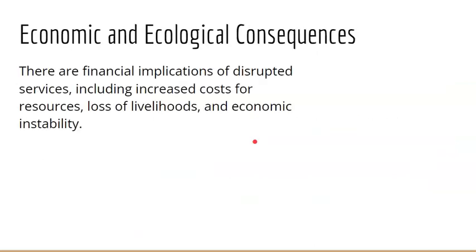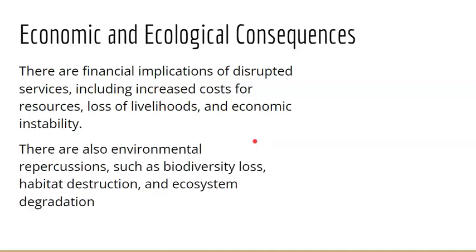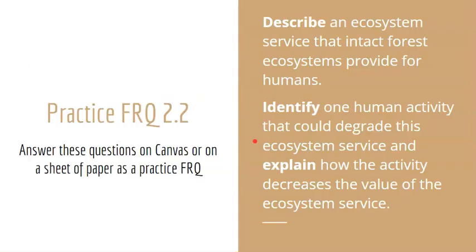And then the economic and ecological consequences we get from those. There are financial implications of disrupted services, including increased costs for resources, loss of livelihoods, and economic instability. But there are also environmental repercussions like biodiversity loss, habitat destruction, and ecosystem degradation.